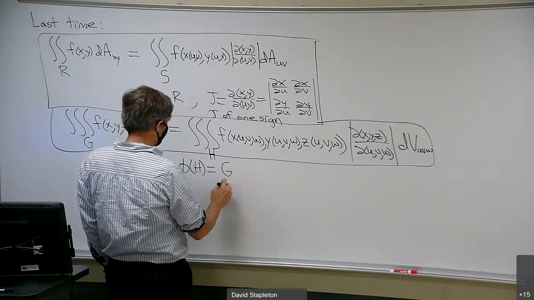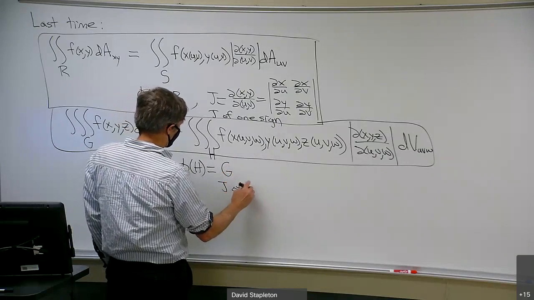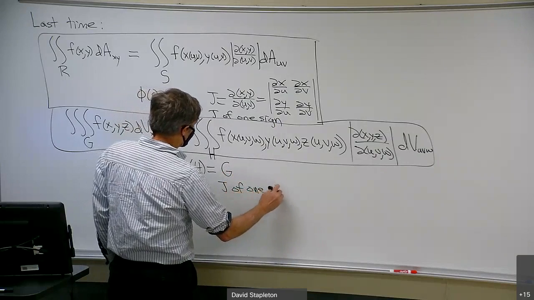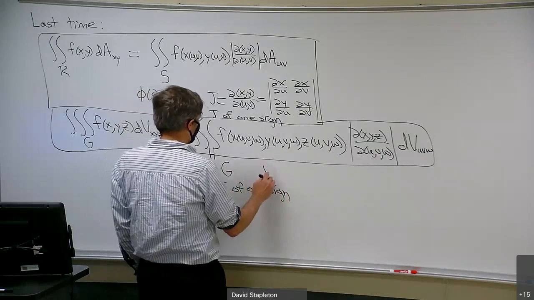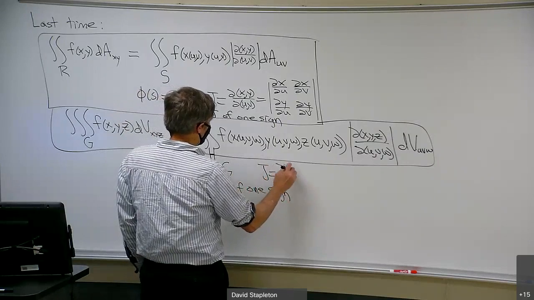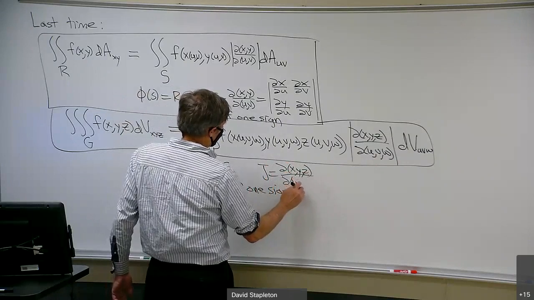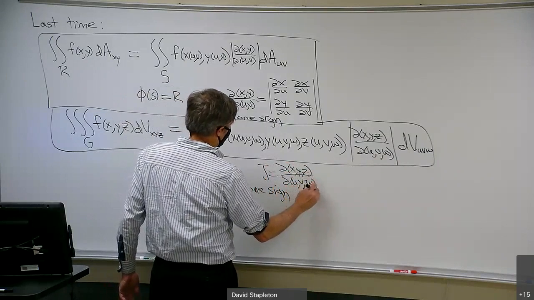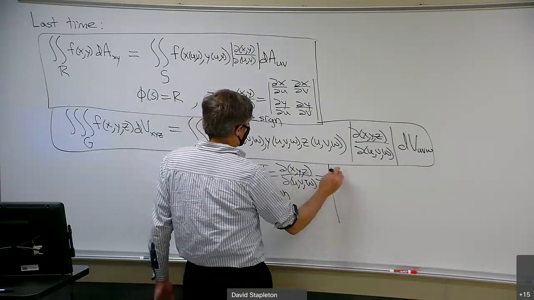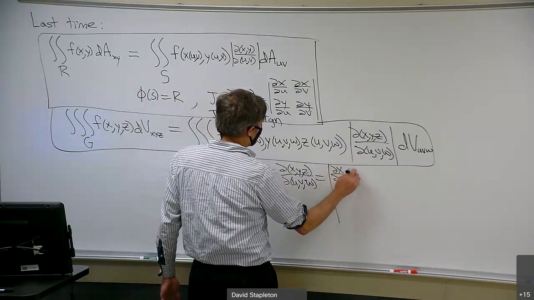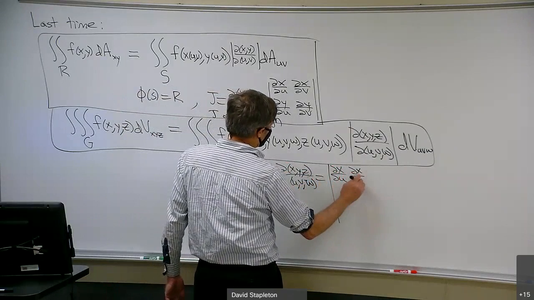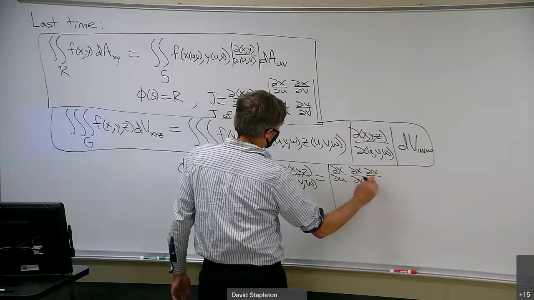In the three-dimensional case, you have a three-dimensional determinant. The x to u, the x to v, the x to w, and all the other obvious ones.